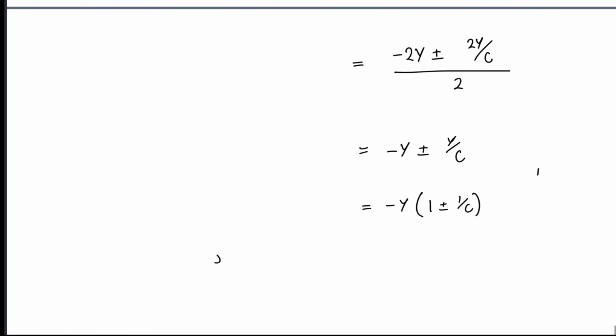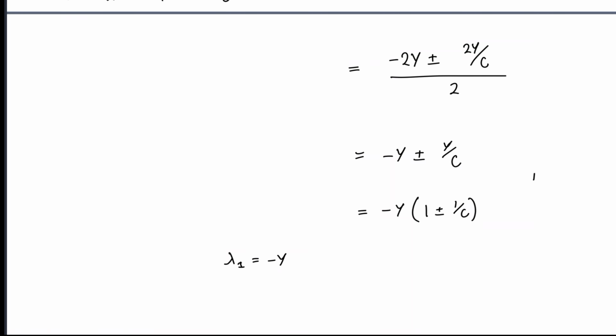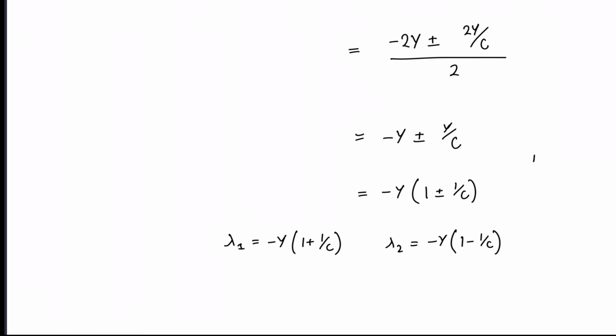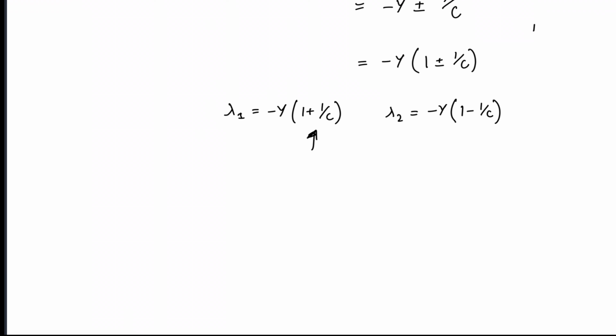So our two eigenvalues are minus gamma times 1 plus 1 over c, and our second eigenvalue is minus gamma times 1 minus 1 over c. Like I mentioned before, stability requires both of the eigenvalues to be negative. We can see that this bracket is always going to be positive, and so positive times this negative will be a negative. So the first eigenvalue is always negative.